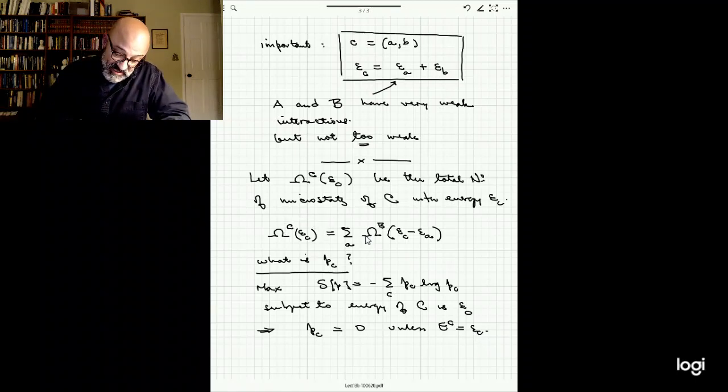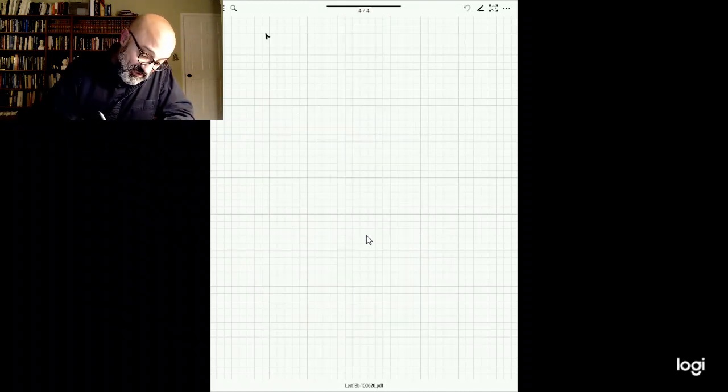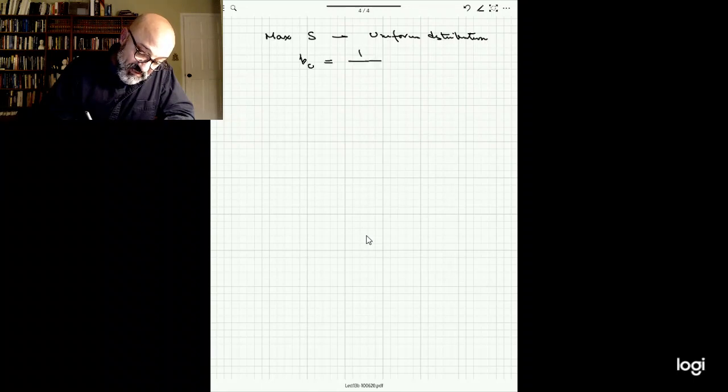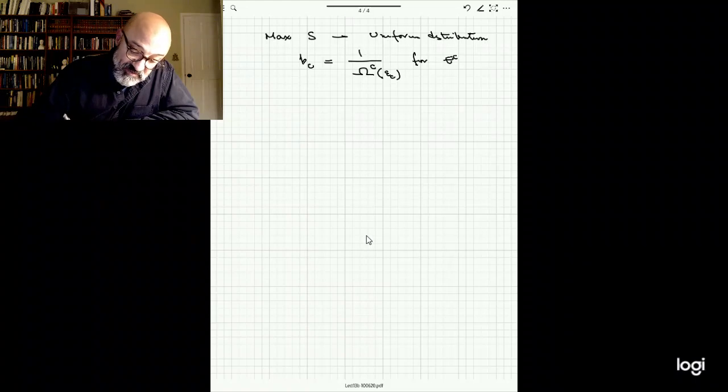So maximize entropy. What you get is a uniform distribution, which says that the probability is a constant, this constant that we have there, for those C such that the energy is E_C, zero otherwise.